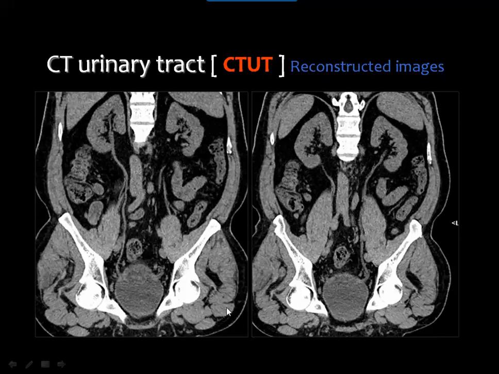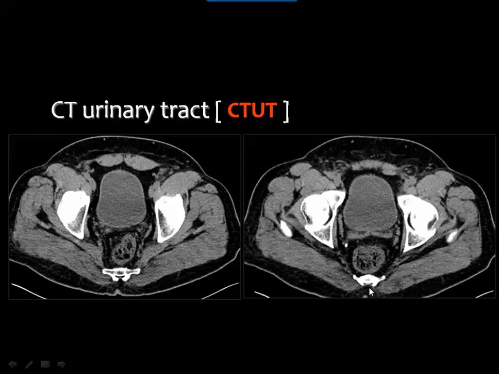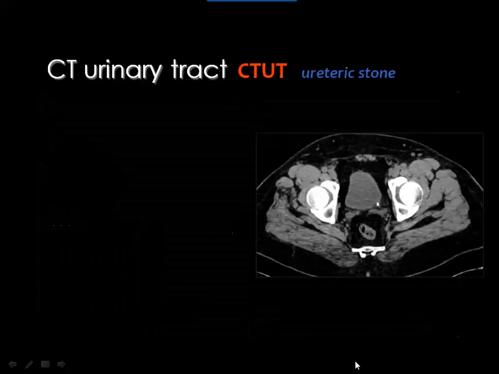He should obtain the coronal reconstructed images for the urinary tract along the course of the ureter. Then you can see the right ureter along its whole course, and you see the left ureter along its whole course. If there are no radiopaque calculi along the ureteric course, then this shadow should represent a pelvic phlebolith.